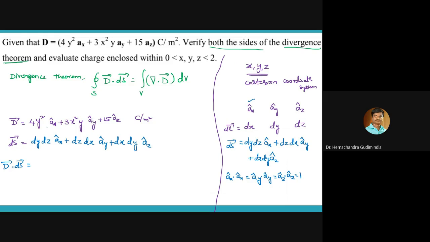So I will get 4y square dy dz, plus 3x square y dz dx, plus 15 into dx dy. Up to here there is no problem. Very easily we can write this.